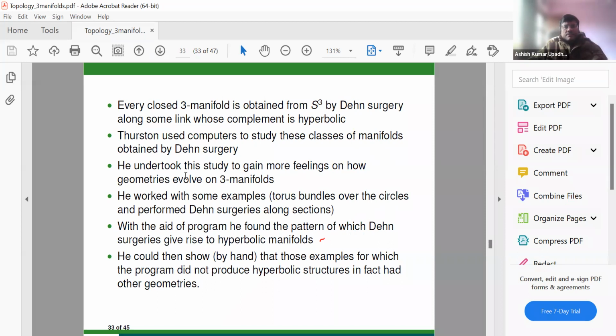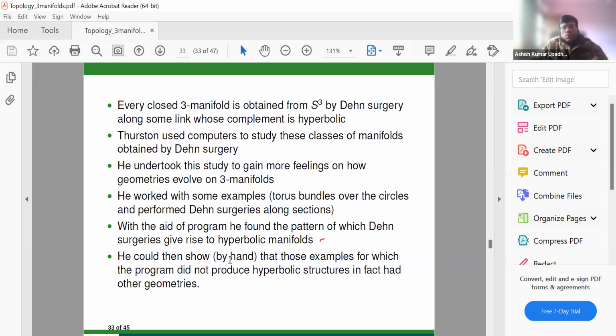Now, with the aid of these programs, Thurston found the pattern of which Dehn surgeries gave rise to hyperbolic manifolds. He found during his calculations which Dehn surgeries actually give rise to hyperbolic manifolds.